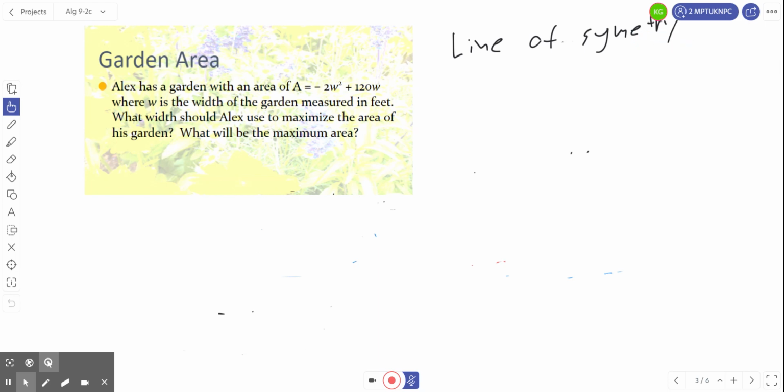We are going to use x equals negative b over 2a, and we're going to use that a lot.